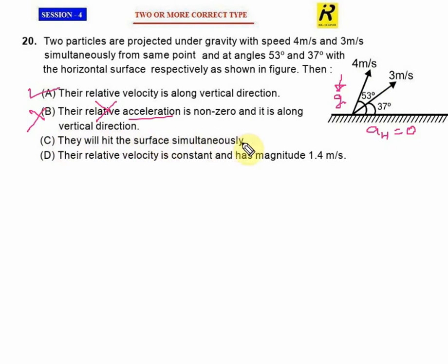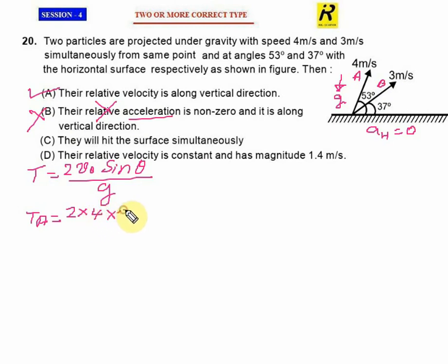They will hit the surface simultaneously. For that, I do one thing. Let me say this is particle A and this is particle B. Time of flight we write like this, 2 V0 sine theta divided by g. This is how we write time of flight for any projectile motion. Now I do the calculation for A. This is 2 into 4 into sine 53 divided by g, let me take it as 10.